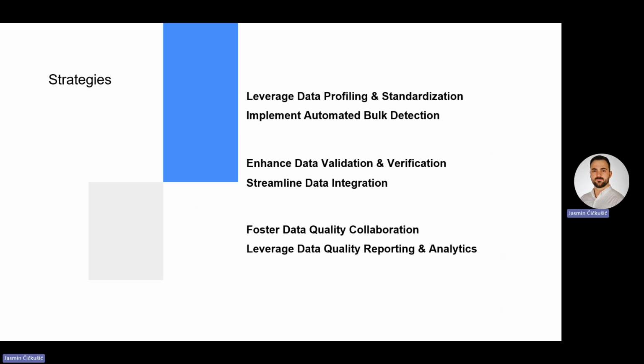I'm going to show you the dashboards and what you can show on them. Basically, every rule that you create will be available for you to show on the dashboards. Then we have promoting data quality awareness. Basically, foster a culture of data quality awareness among faculty, staff, and of course students, and provide training sessions.